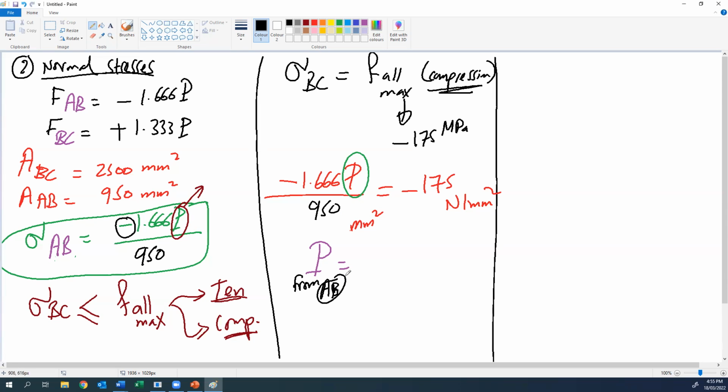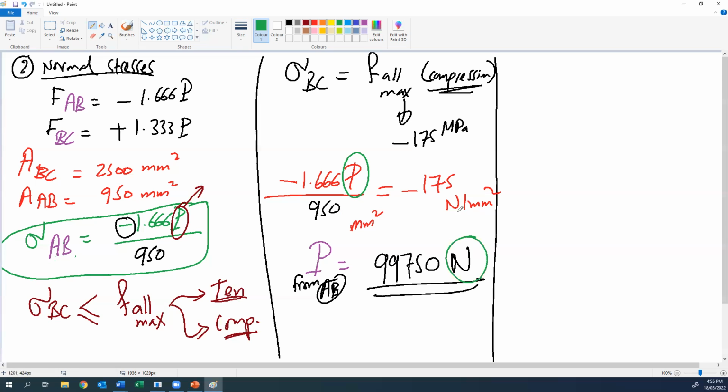So B from member AB will be equal to 175 by 950 divided by 1.666, which gives us 99,750 Newton. Why did I put the value in Newton, not in kilonewton?